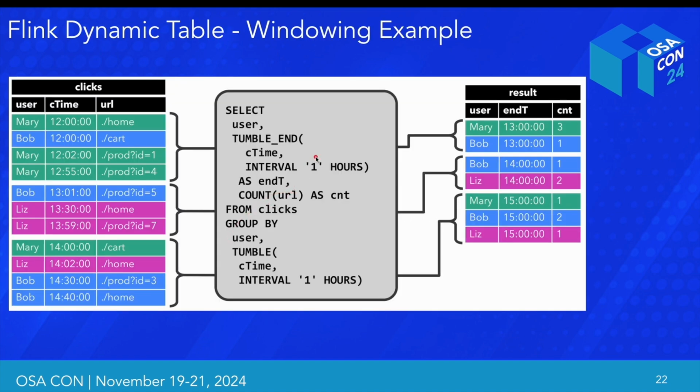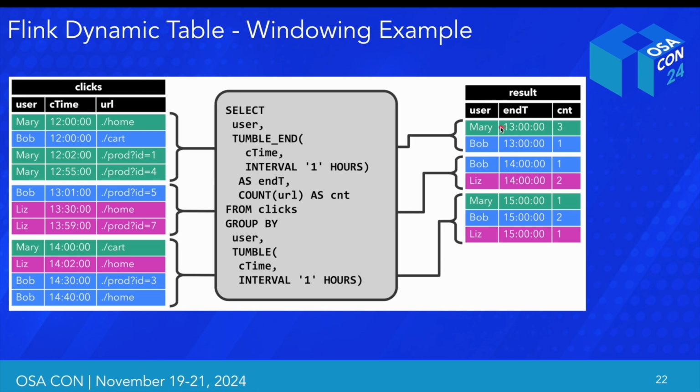Now, this is a Flink tumbling window example where we group results by user every 1 hour. So the tumble interval is 1 hour. Flink provides these sophisticated aggregation functions which could be applied to data streams in flight. So if we focus on the created time, for every hour, the tumbling window bucket would keep on grouping by the user, let's say for Marie and for Bob, and would count the number of URLs they have visited.